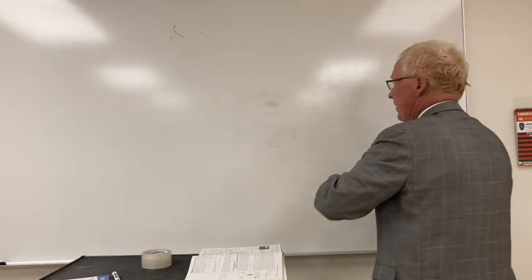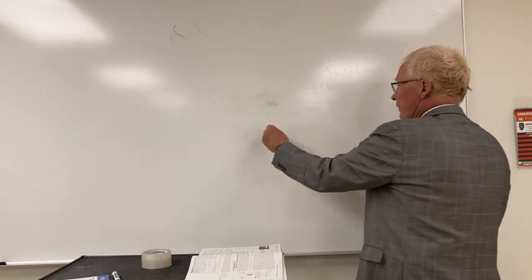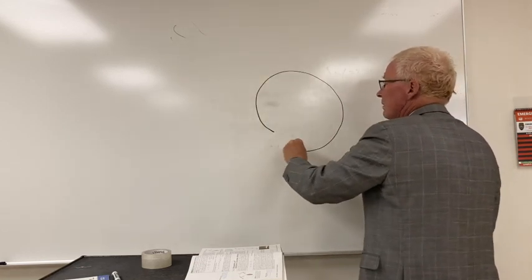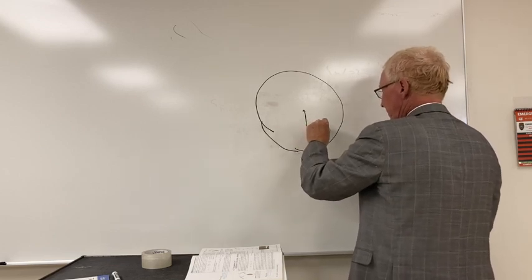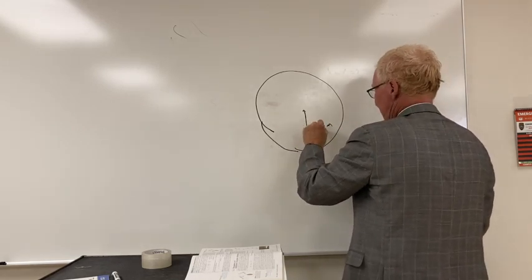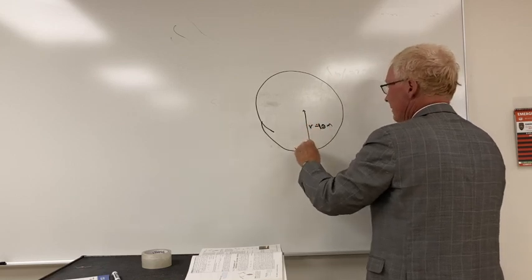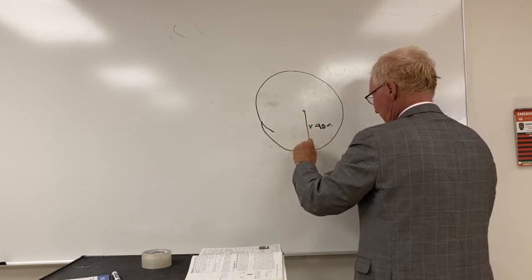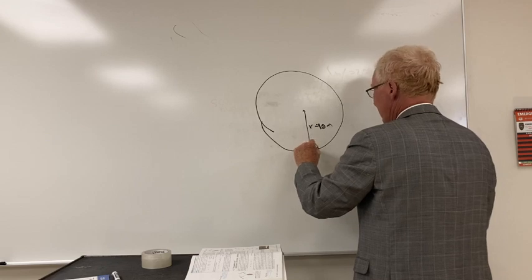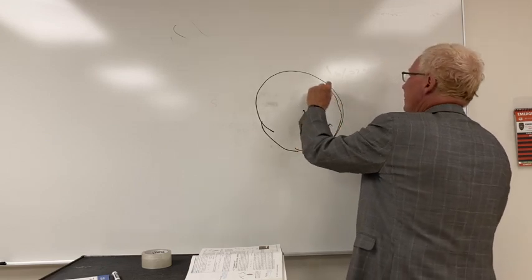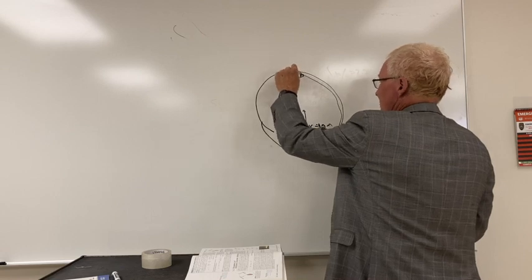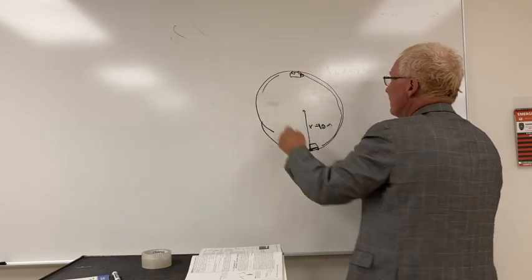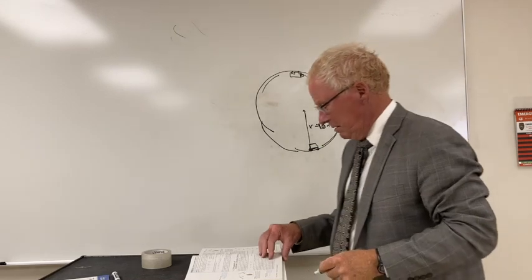In this case, if we're going in a vertical circle and say a radius of, say, 10 meters, and you're in a roller coaster that goes upside down, what are the forces acting on it as it turns?